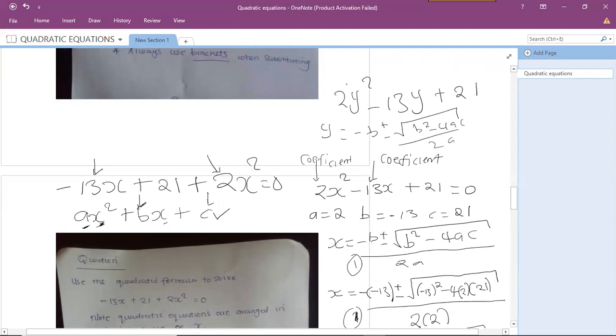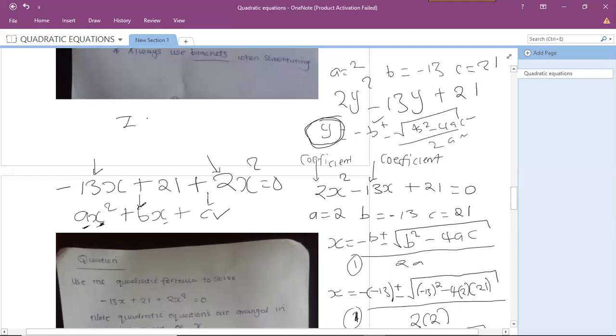The coefficients will still be the same. A will still be 2, b will still be negative 13, and c, the constant, will still be 21. These coefficients in the equation will always be the same, but they can change the variable. It can be x, it can be y, or it can even be z.